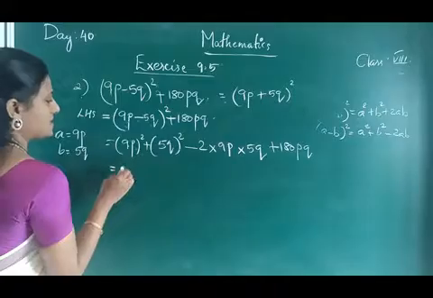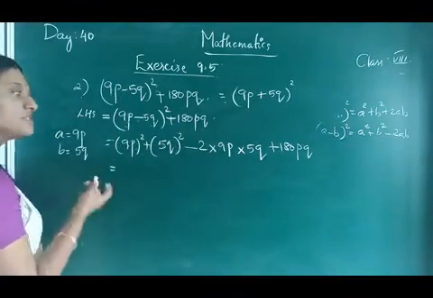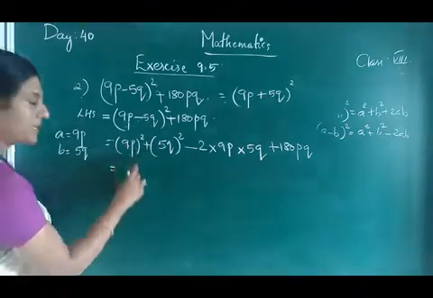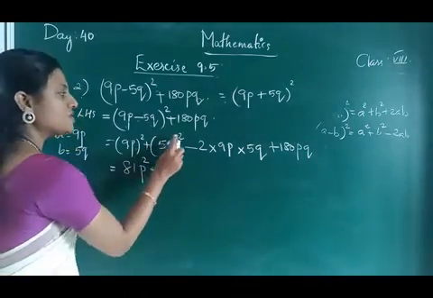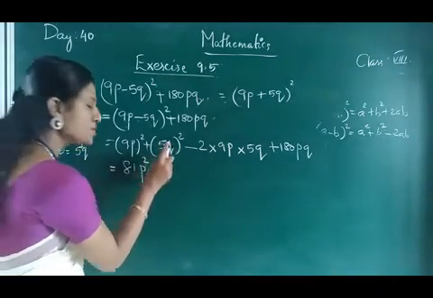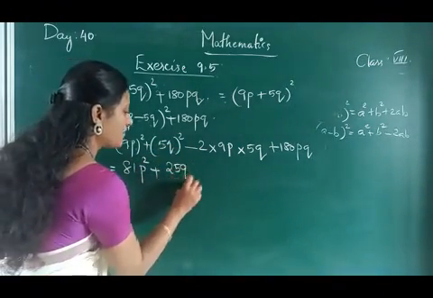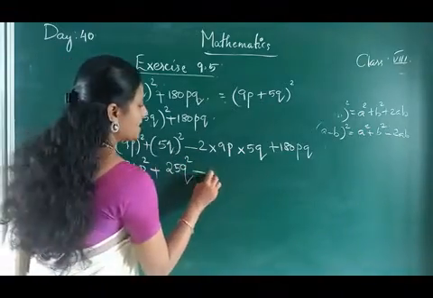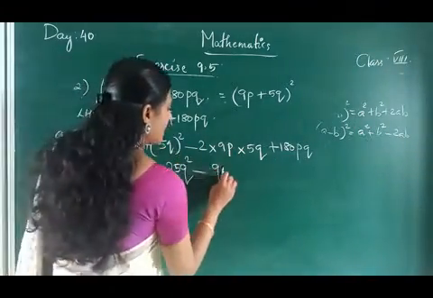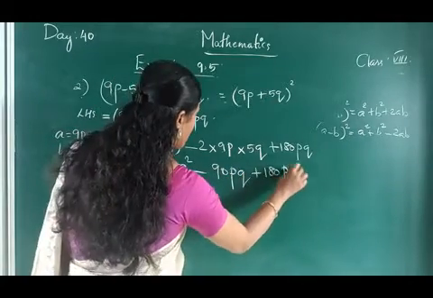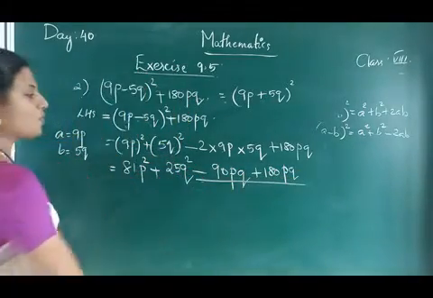Okay. Next, 9p the whole square means square of 9, square of p. That is 81p square plus 5q square means 5 square q square. That is 25q square minus 2 into 9 into 5. That is 90pq. So 90pq, 180pq.